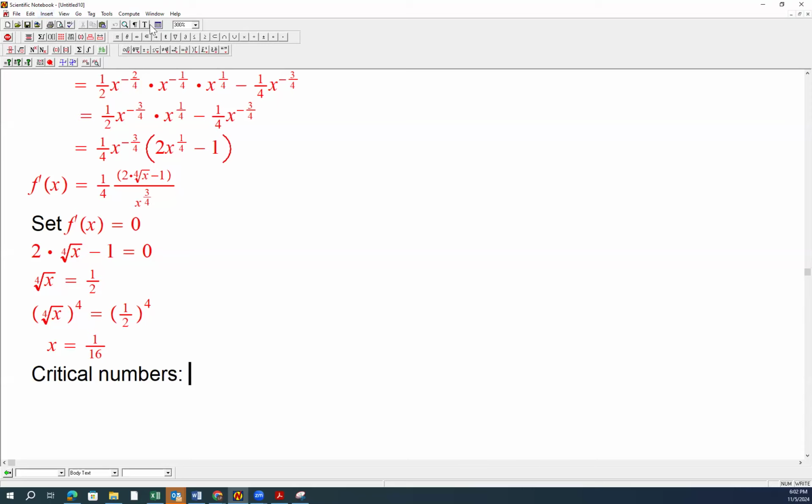One critical number is 0, and the other critical number is 1/16. And then we're going to have to choose between critical derivative tests, right? If we do first derivative test, suppose we do first derivative test.